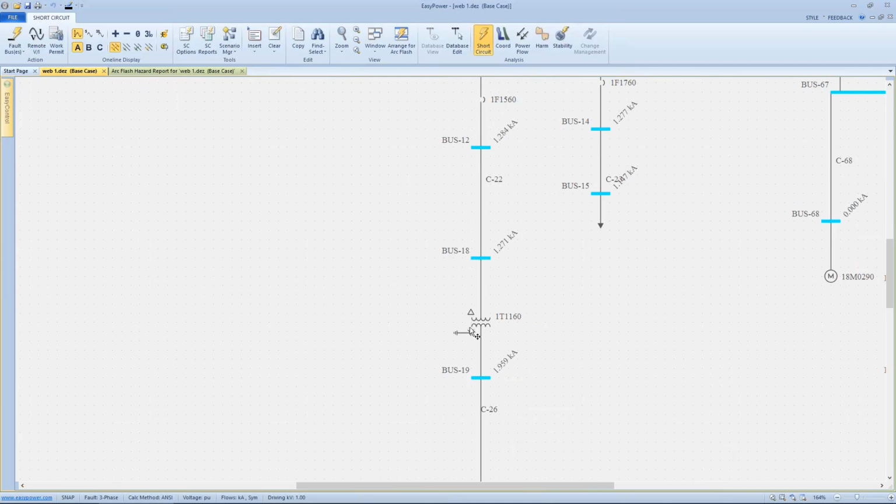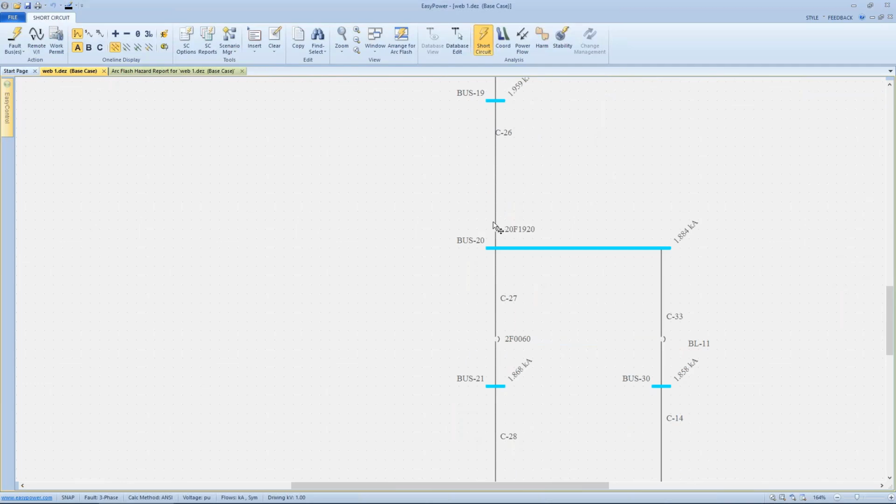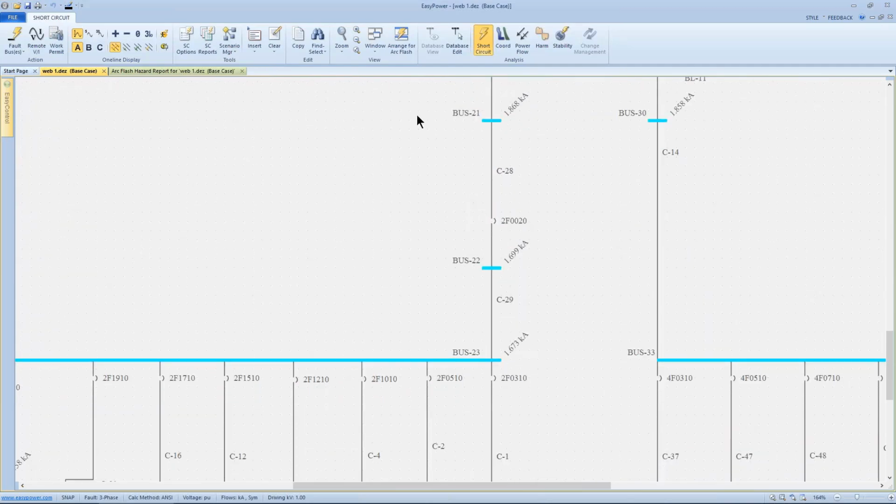So the point being, what happens to our incident energy in the calculations in the 2002 regime? So we're going to fault all the buses, and then look at the incident energy calculations.